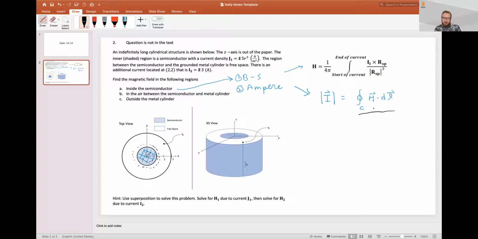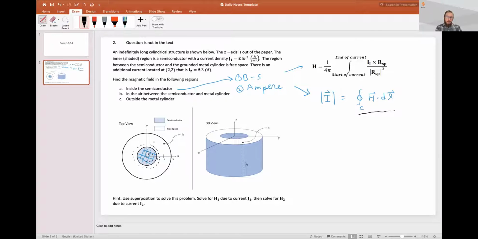And we expect that inside of this contour path we might have our H field being symmetric. So inside of the contour path, there's this total current and probably some symmetric H field. So let's use Ampere's law to solve for this.